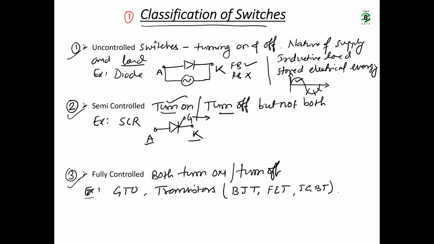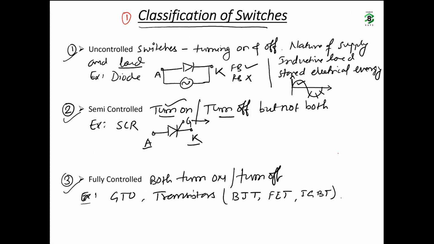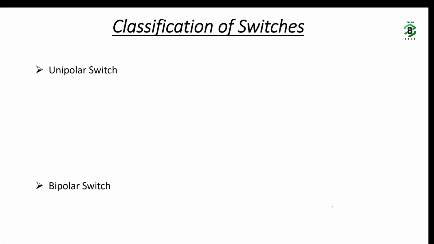Now we will see the other type of classification. In this classification, we will see whether these switches are able to block the voltage or not. There are two types. First, unipolar switches. It means it can block only one type of polarity of voltage.